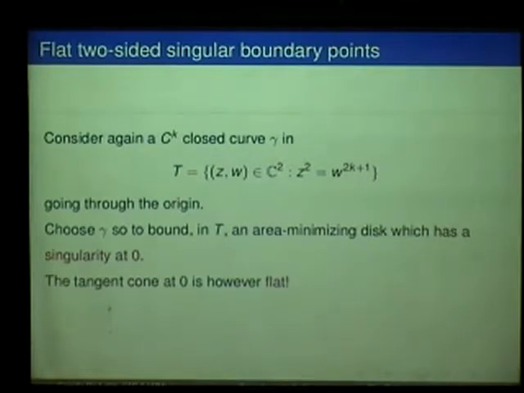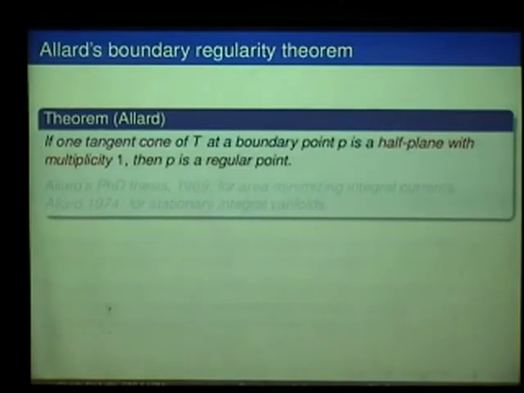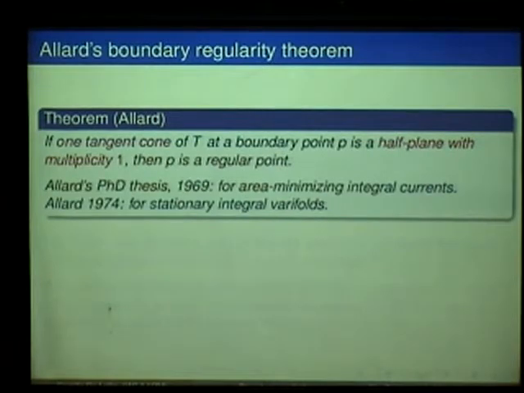It's flat but two-sided. So now, a fundamental theorem of Allard, which is called in the literature Allard's boundary regularity theorem, actually tells you that if you have a tangent cone at the boundary point and the tangent cone is a half plane, so if the tangent cone is flat and one-sided, then the point P is actually regular. Okay? And actually Allard proved for area minimizing currents, actually he proved this theorem twice.